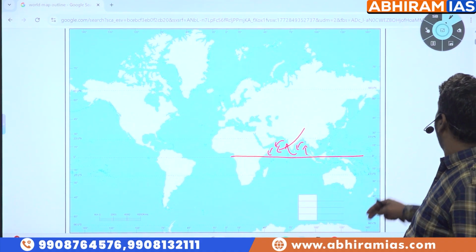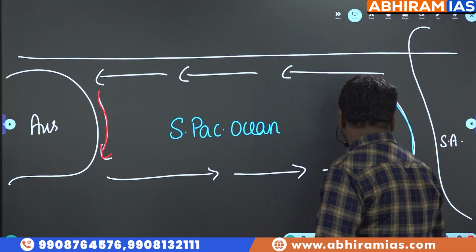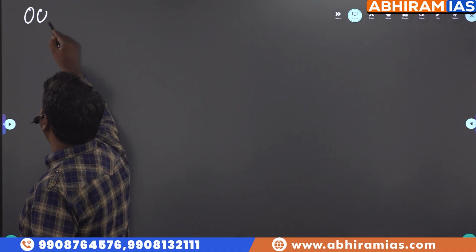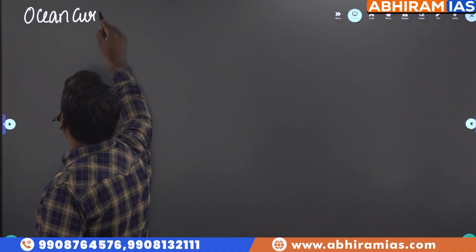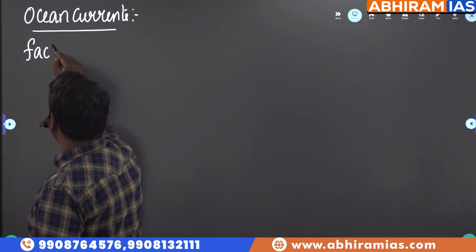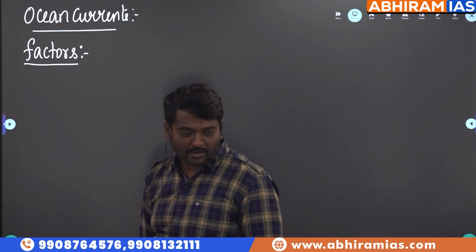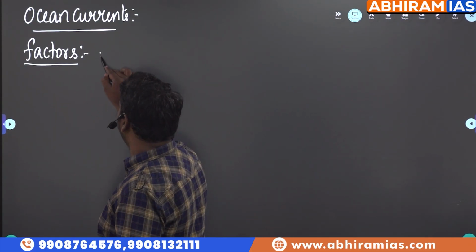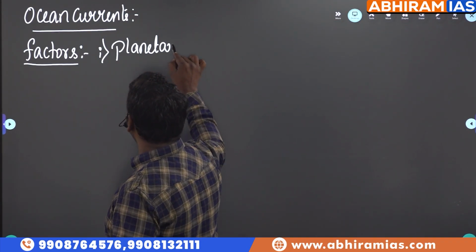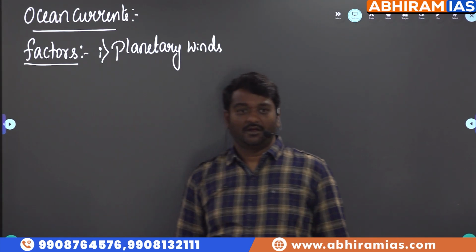Okay. So, these are the words that you must remember. First, you can write separately: ocean currents, factors. Very important. They have asked once, factors. Ocean currents are not due to local winds, they are due to planetary winds. This is very important.